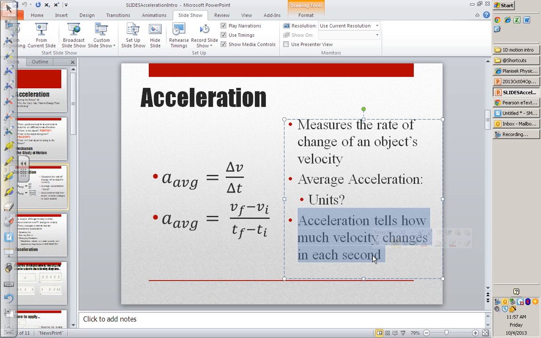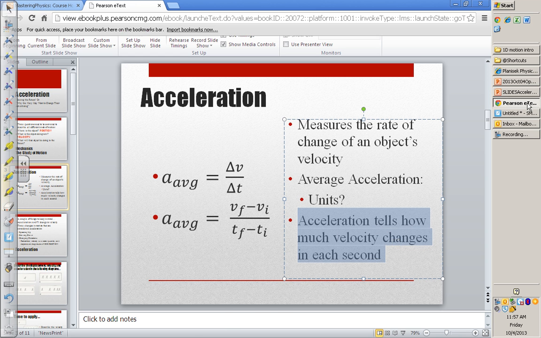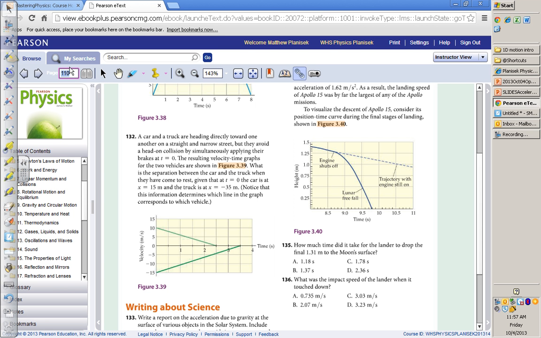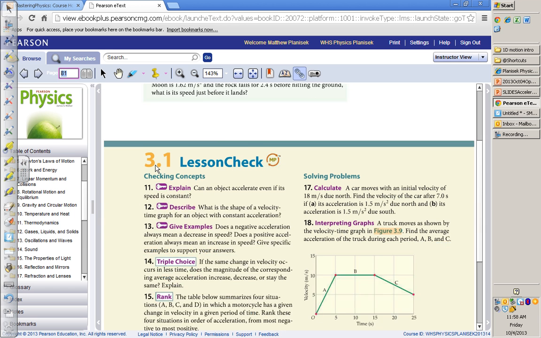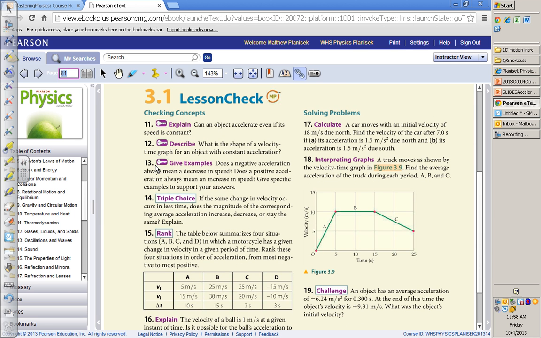All right. Starting off today, if you would please, open up your book to page 81. On page 81, at the bottom, is the 3.1 lesson check.